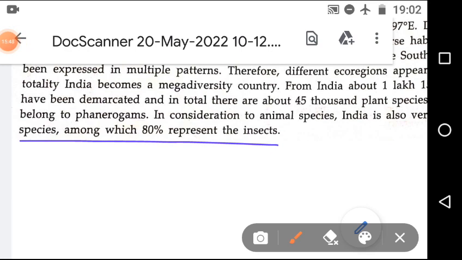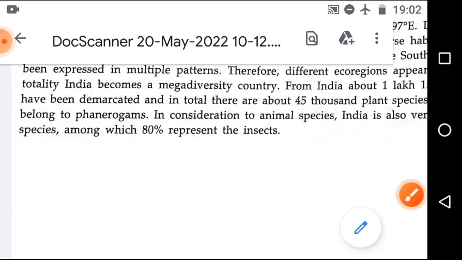Out of the 75,000 animal species, 80% are of the insect family, arthropods. So let us see the diverse forms of animals and plants found in India, which helps us understand that India is a mega biodiversity region.